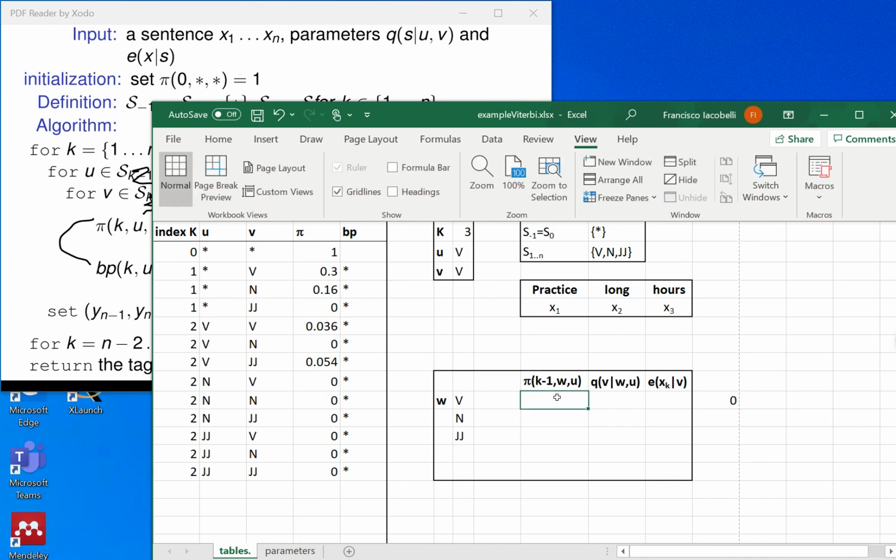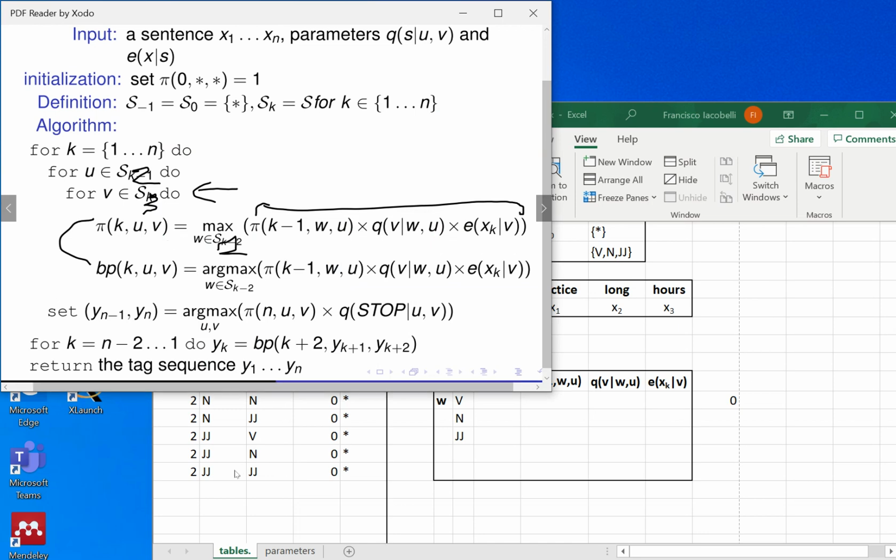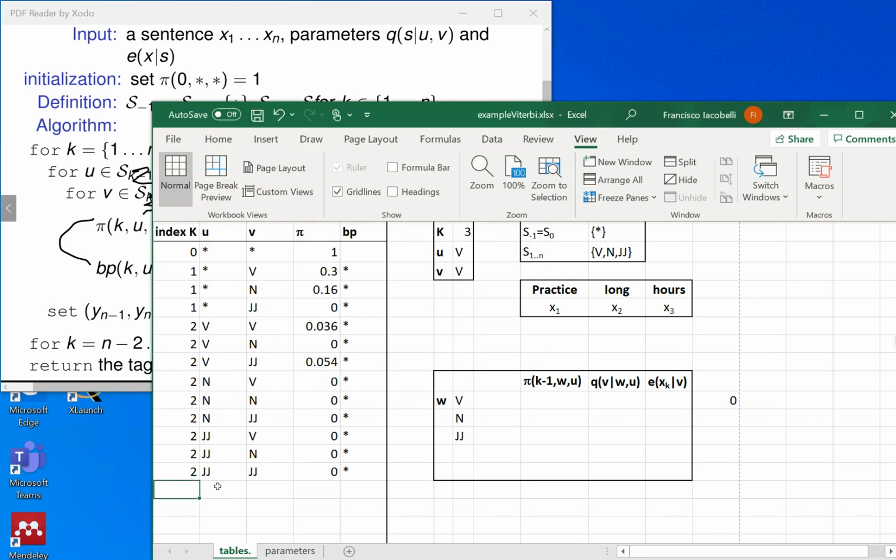So let's do tables here. Now, we're going to look for the entry KUV. We're trying to get the entry KUV. So that would be 3VV. That's KUV. So what is pi of k minus 1, 2, W, which is V, right?